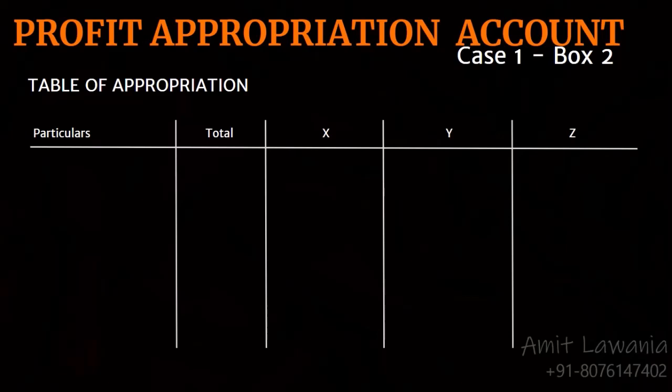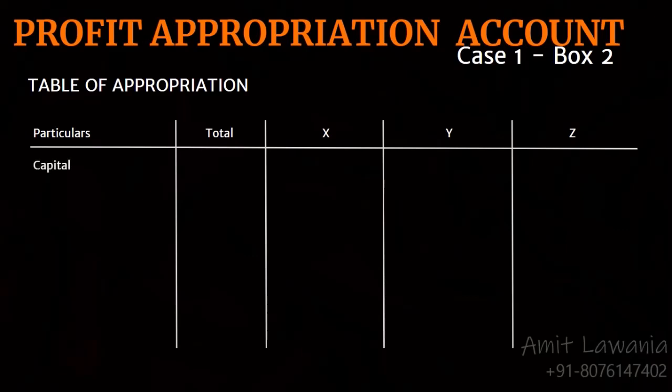Now we will start putting numbers in this format, which will make the concept clearer. Please be attentive and focus on the steps. This table is easy to make, but it takes a bit of time. Also, it will be very useful when we start making the profit appropriation account. Refer to the question and keep noting.